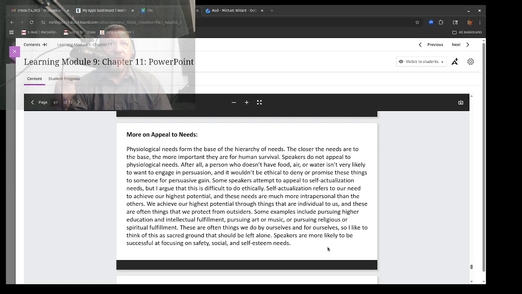Speakers do not appeal to physiological needs typically. After all, a person who doesn't have food, air, water, right, isn't worried about being persuaded, because they're going to have to get those needs met. Some speakers appeal to the self-actualization needs, but again, it's hard to do ethically.